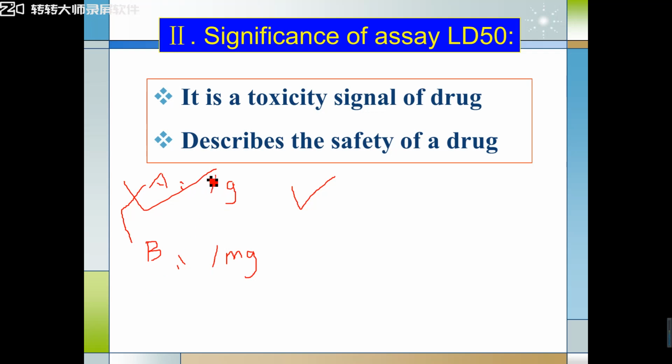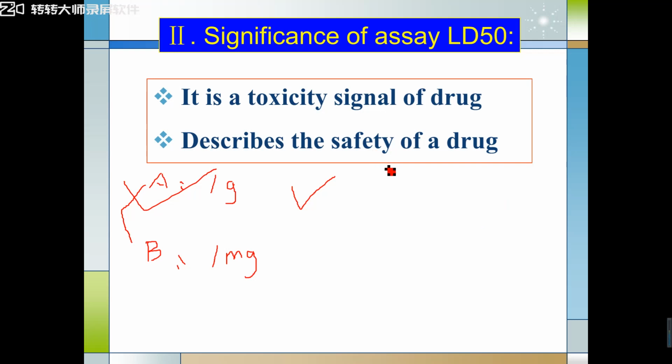That means A drug is safer than B drug. So for the same kind of drug, we use this one, because we can use LD50 to describe the safety of a drug. And we use LD50 in clinic to describe the safety, to determine the acute toxicity.